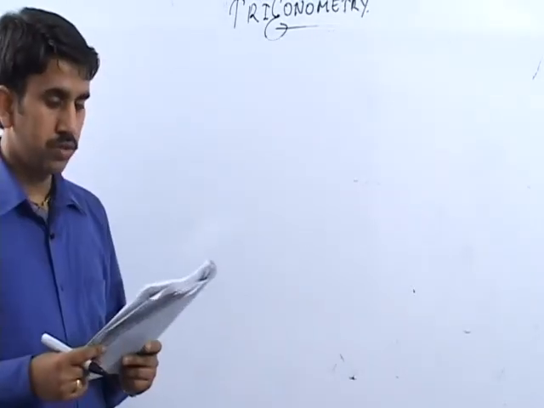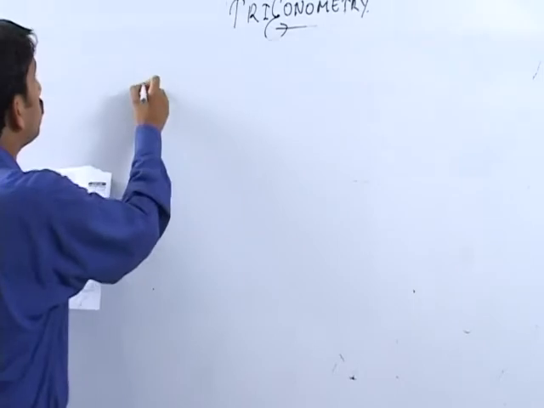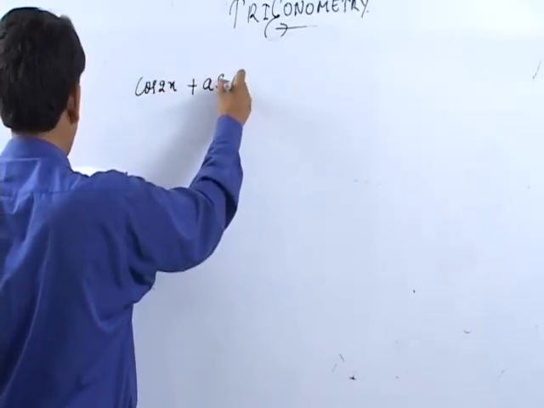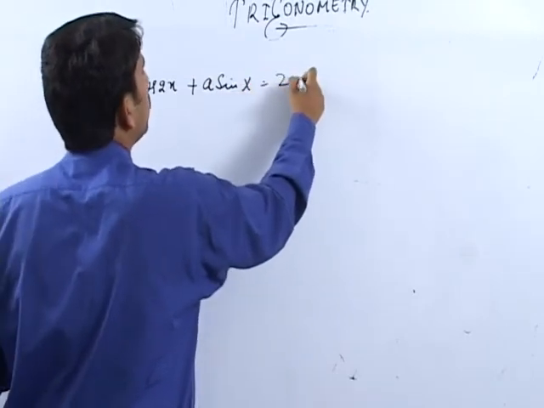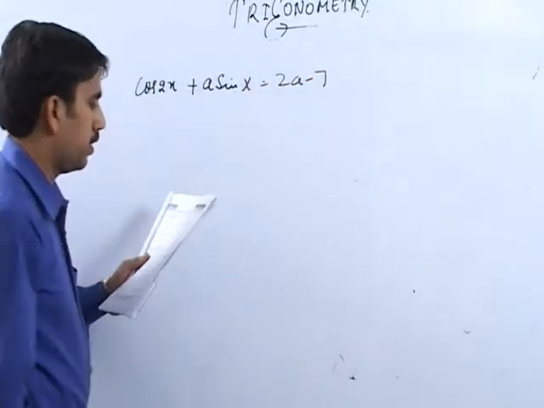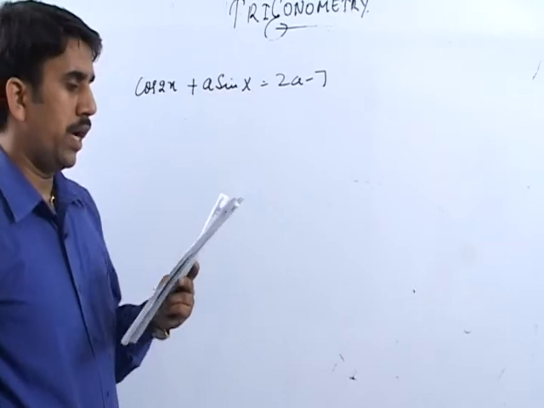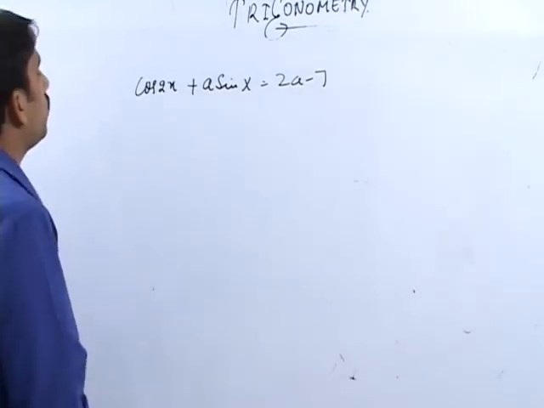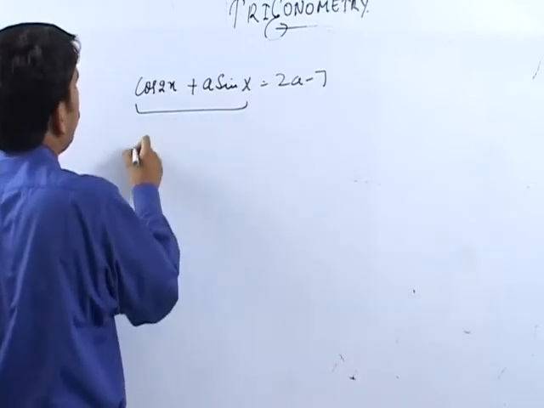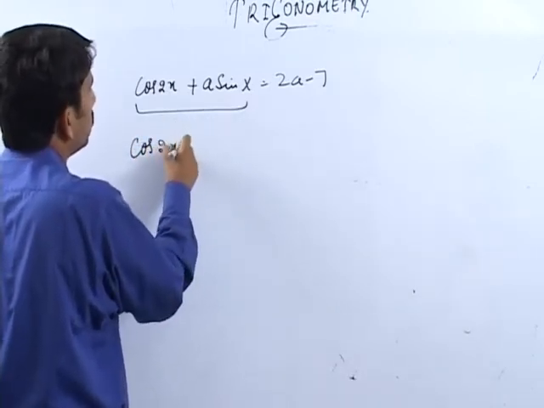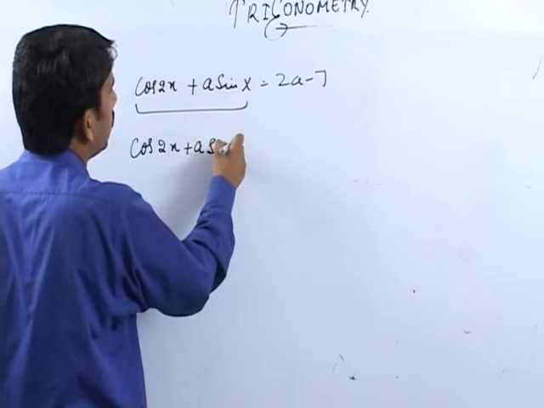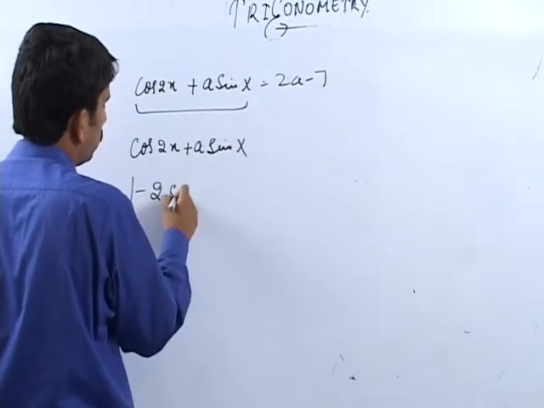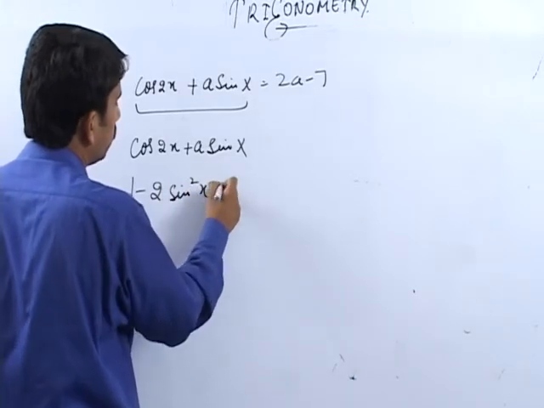Now next question: you have cos 2x plus a sin x is equal to 2a minus 7. You have to find out the value of a for which this equality will hold. Now first of all we will take the left hand side, which is cos 2x plus a sin x. Now if you open this, 1 minus 2 sin square x plus a sin x.